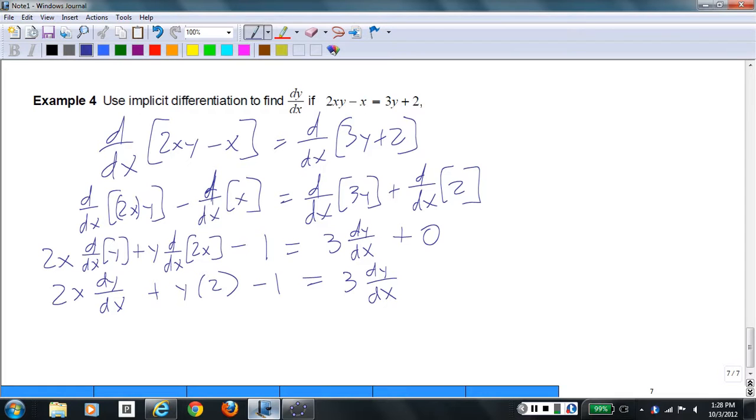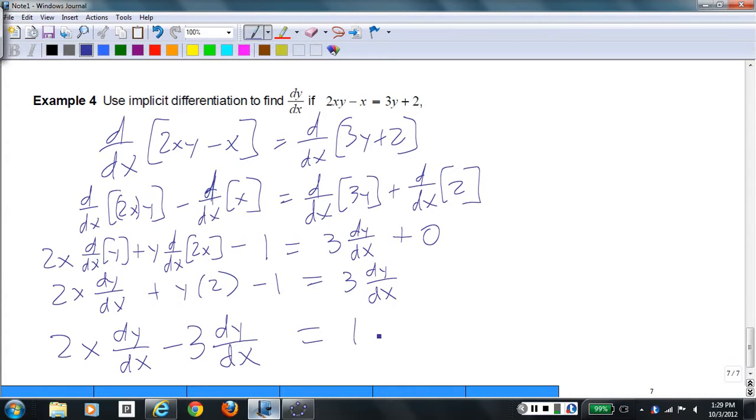Get the dy dx's together on the left-hand side, and it will look like this: 2x dy dx minus 3 dy dx. What's the other side of the equation going to look like? Either 1 minus 2y or negative 2y plus 1, whichever you prefer.